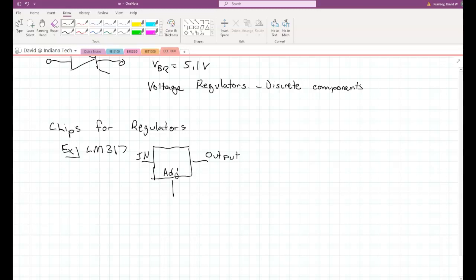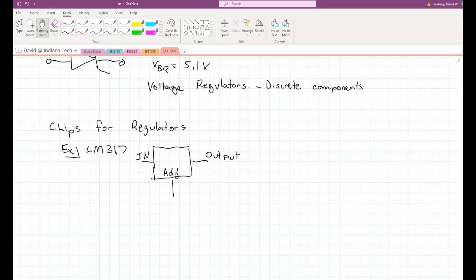If you were to pick one up in the lab, this is not a single device. It's got multiple transistors and diodes built inside it to actually act as a regulator.